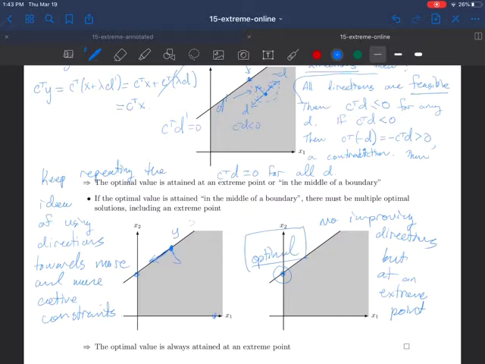Note that if you're here and there's no improving directions, as we assumed about that original point x, it means that this whole boundary is optimal.